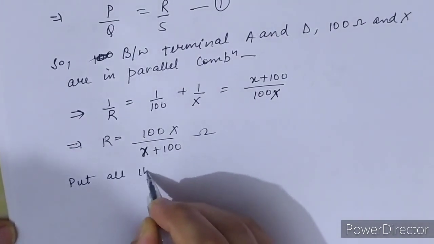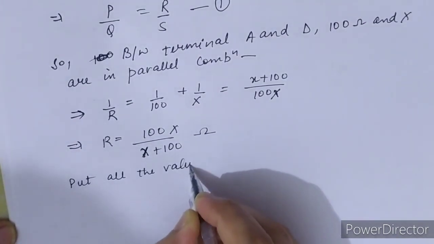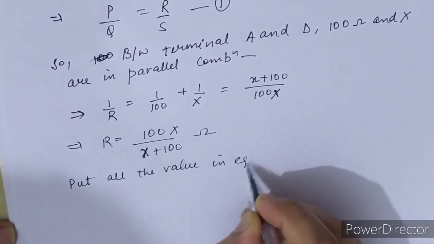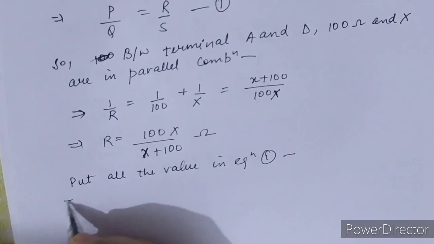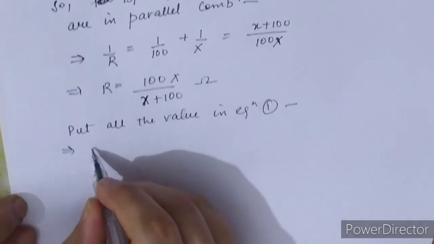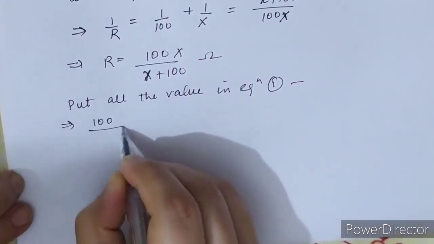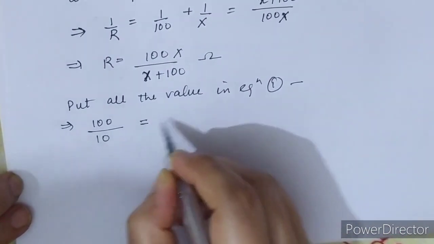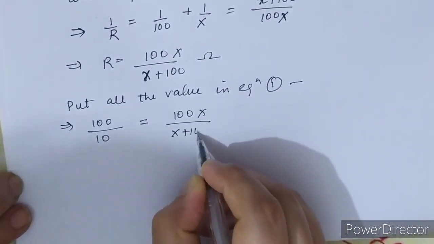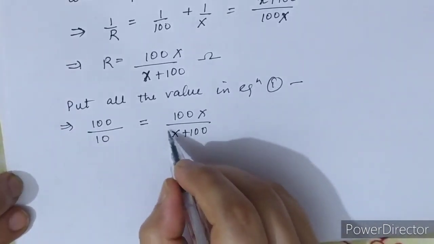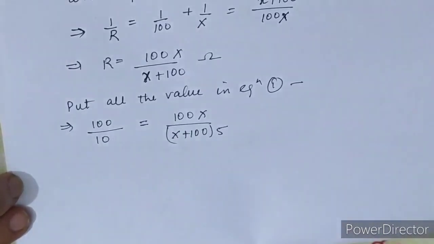Now we have to put all the values in equation 1. P is 100 ohm, Q is 10 ohm, R is 100X upon (X plus 100), and S is 5 ohm.